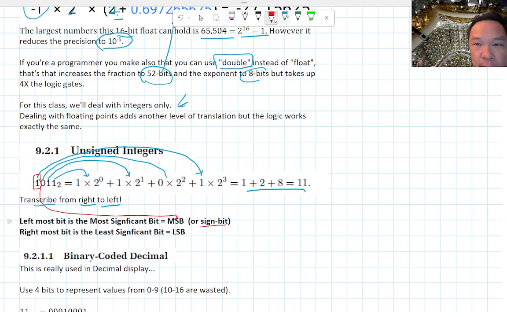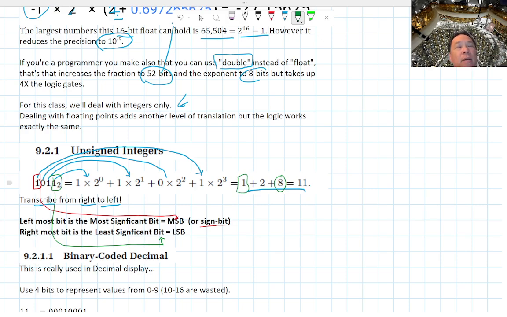The rightmost bit, let's do that in green, right? This one is the least significant bit, the LSB. And there's stuff between them. The reason we're going to call these out is because if you were trying to send a number over the internet or optics or Wi-Fi or something like that, it's most important to send the most significant bit, because that determines whether or not, in this case, the number 8 versus 0 makes a bigger contribution to 11 than the least significant bit, which is actually contributing 1 or 0, right?